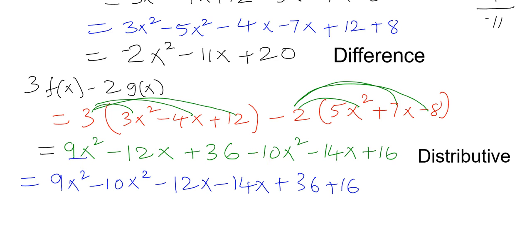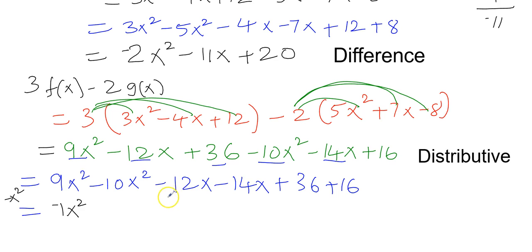So what next? 9x square minus 10x square gives me, from 10 take away 9, that is 1x squared, just x squared, and 10 has a negative sign, so I can write negative. And this 1 you don't have to write. Even if you say it is negative x square, it means that it is negative 1x square, but for our understanding I just included 1 there.